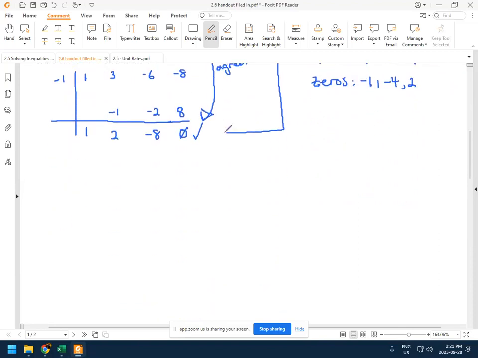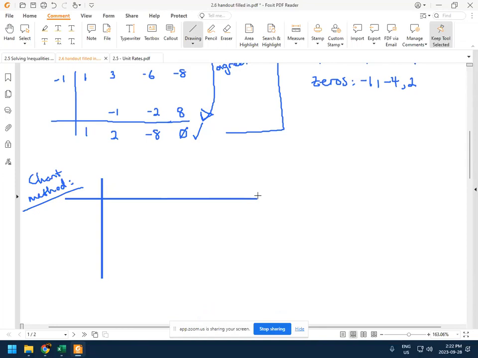Chart method. So I'm not sure if the textbook calls it interval method, but it's pretty much the same thing. Please create a t-table, but the right side is much longer. And here's how we fill the chart.